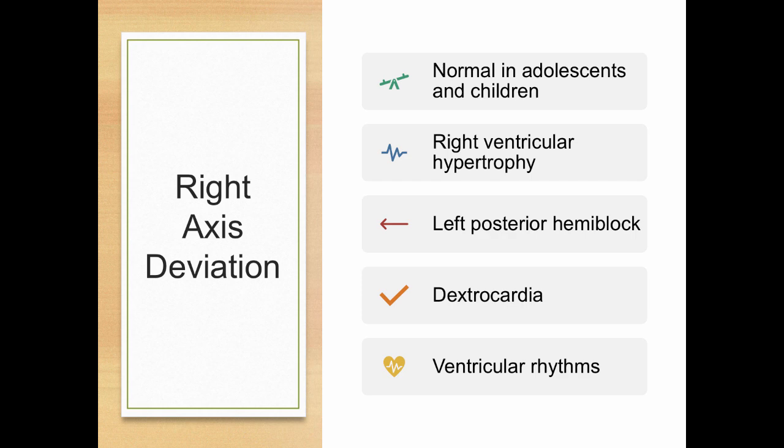Other than that, if you get to be my age, right axis deviation is not so normal. It might be some ventricular hypertrophy, might be a posterior hemiblock instead of the anterior hemiblock or fascicular block. Posterior hemiblock or fascicular block we'll get to here in a week or two.